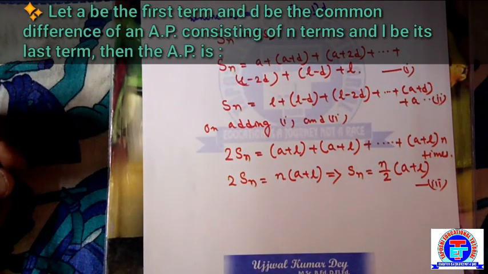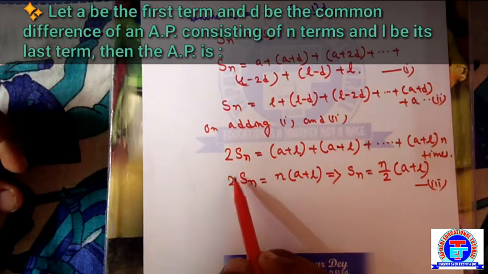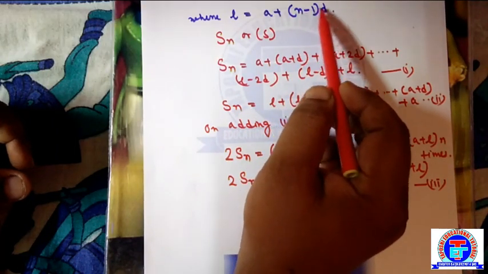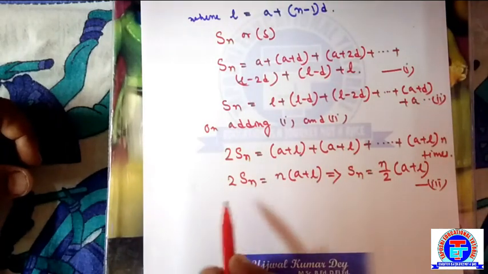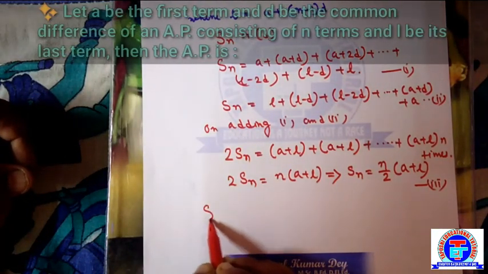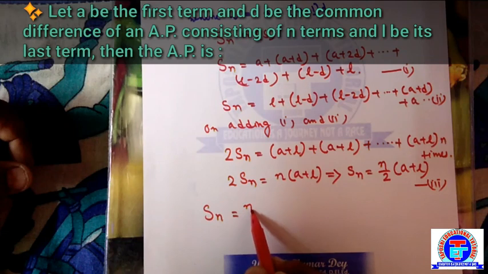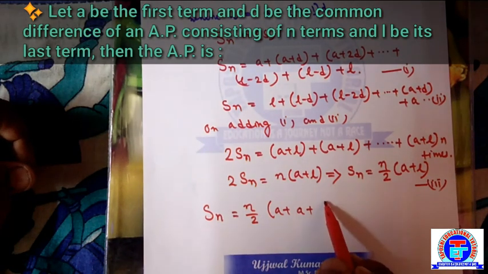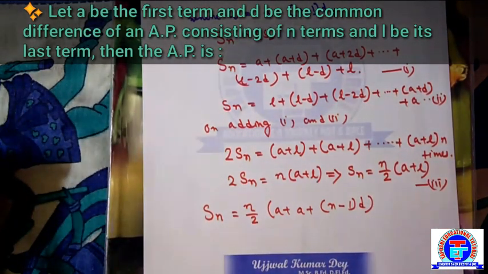So we write here the value of L is equal to A plus (n minus 1) into D. From 3 we get Sn is equal to n by 2 into (A plus (n minus 1) D), right?